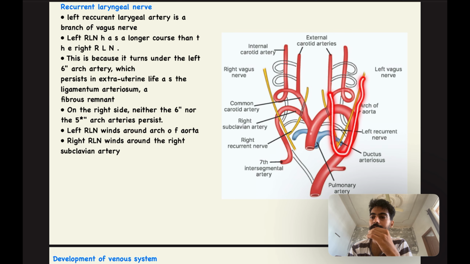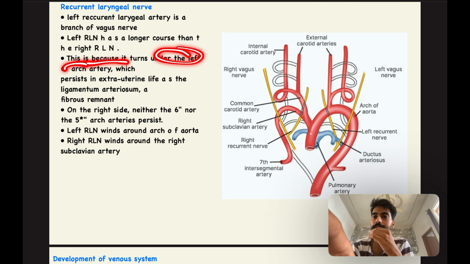So this one has a longer course than this right one. Why? Because we have one structure present here, the ductus arteriosus. So it has to take more turns than the right side, so it has a longer course.